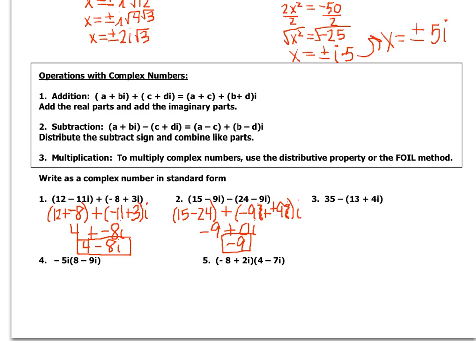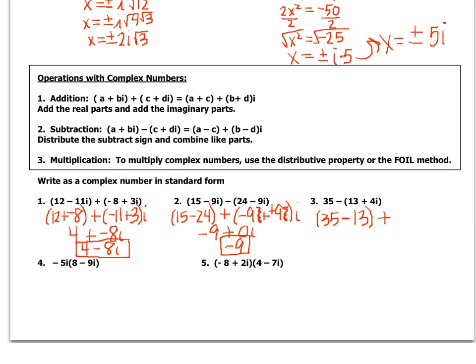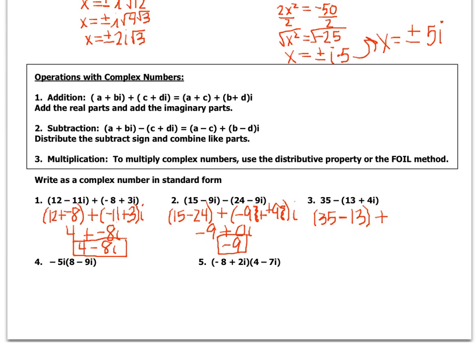The next one here, I've got 35 minus the quantity 13 plus 4i. Well, one thing that you could think of is my real part in this first one is 35. And I have to minus my real part in the second, which is 13. And I'm going to add to that. Now this one, I don't have an imaginary part. So really, it's just 0 minus 4i.